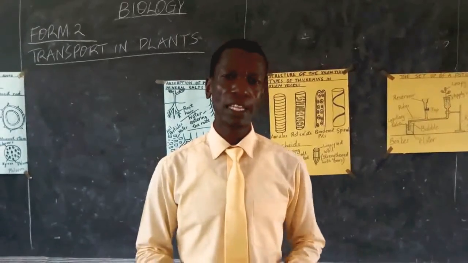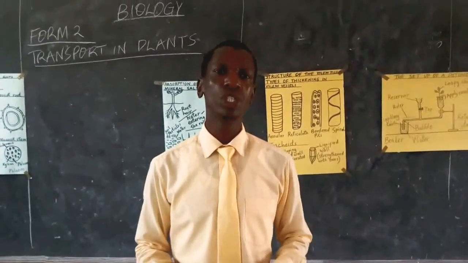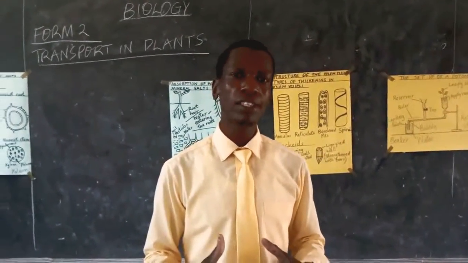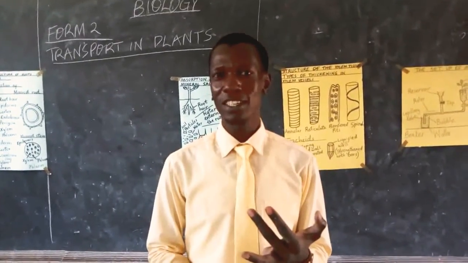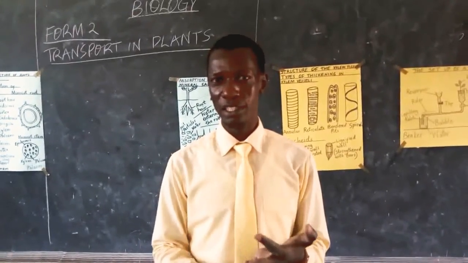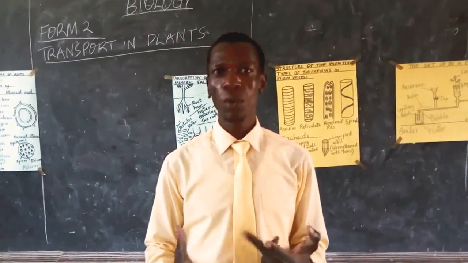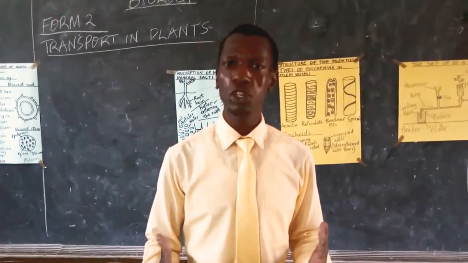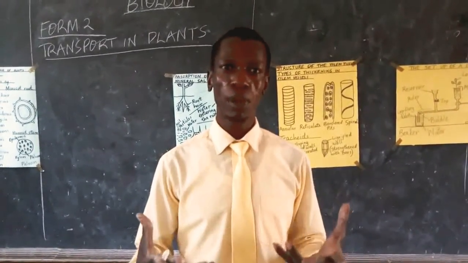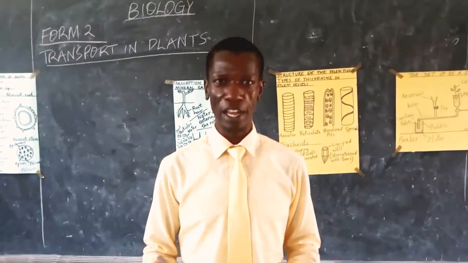There are some essential elements which need to be transported within the body of a plant from time to time. They include gases such as carbon dioxide and oxygen. Water is also a basic requirement for the plant, because if it is not present, the plant may end up dying.